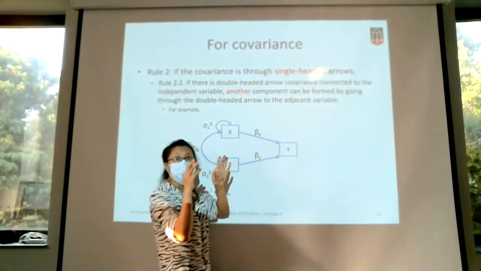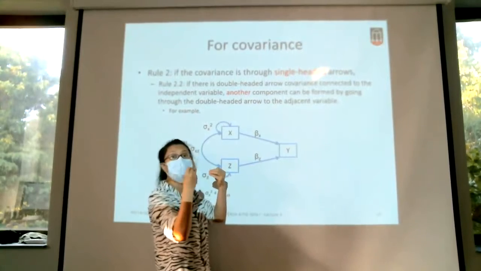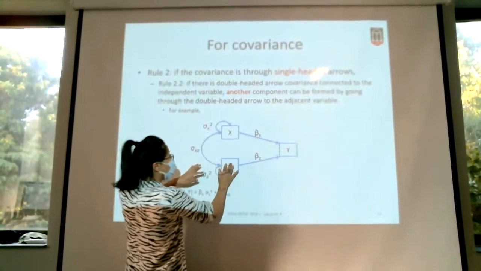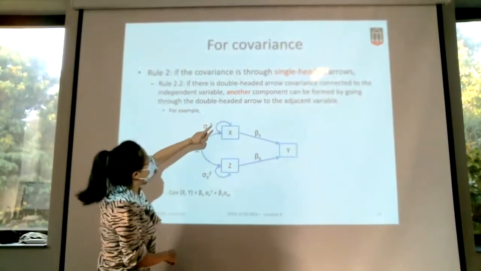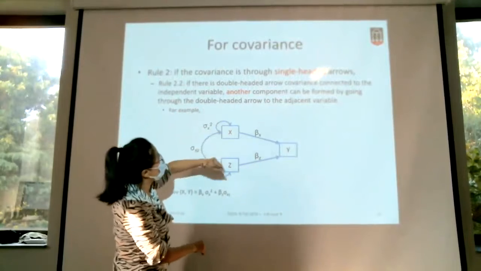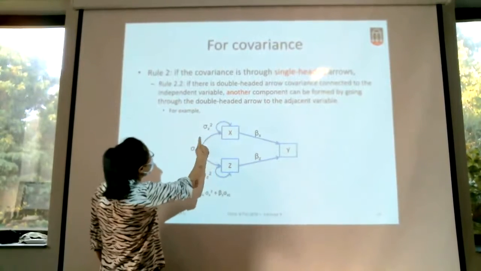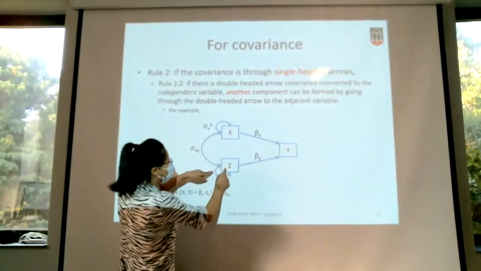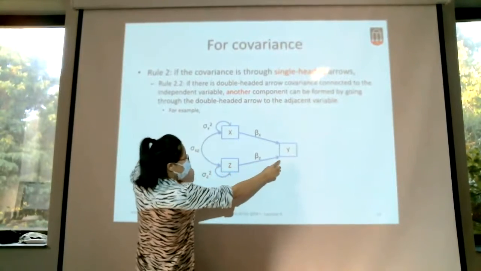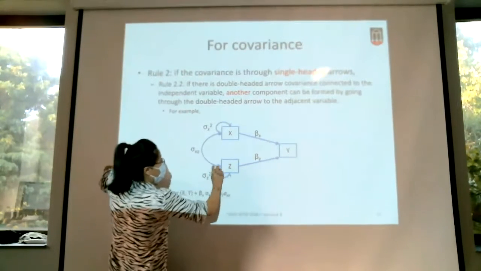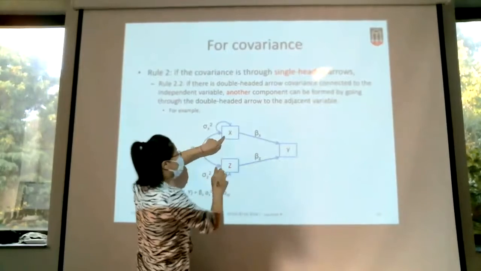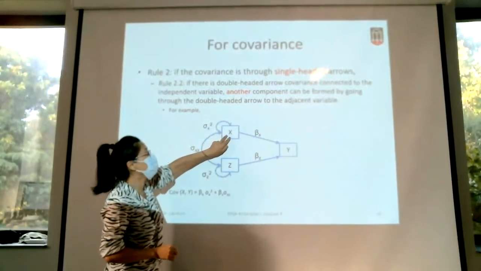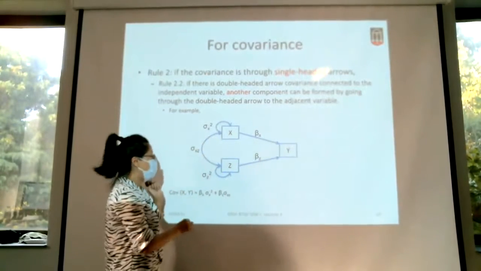But now the situation becomes a little bit more complicated because you have another variable. There's a double-headed arrow covariance connected to the independent variable. Another component can be formed by going, you can also consider this path. This path is also a component of the covariance between x and y.